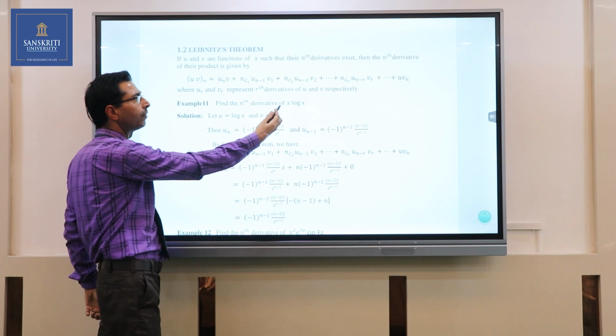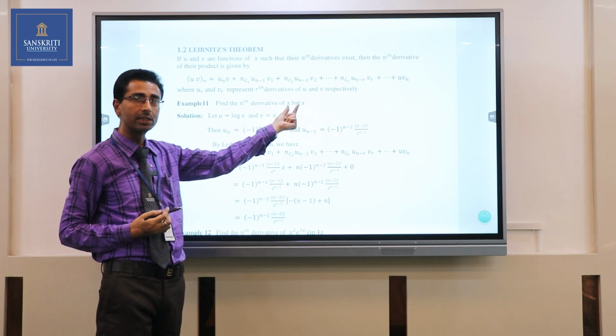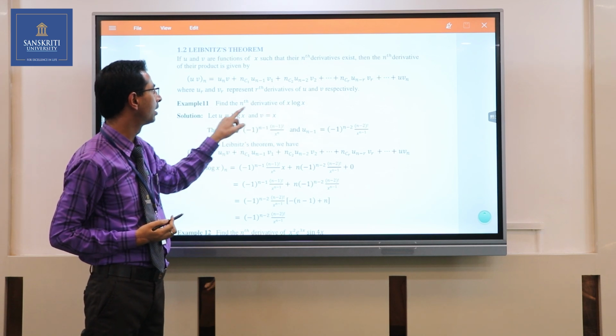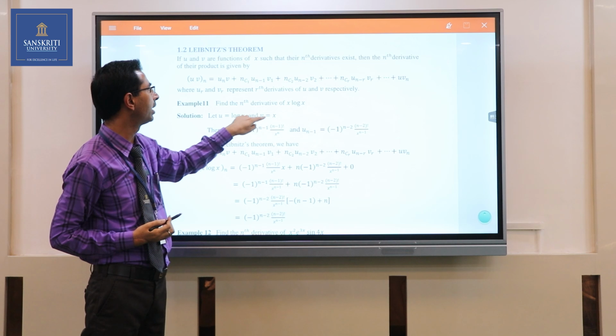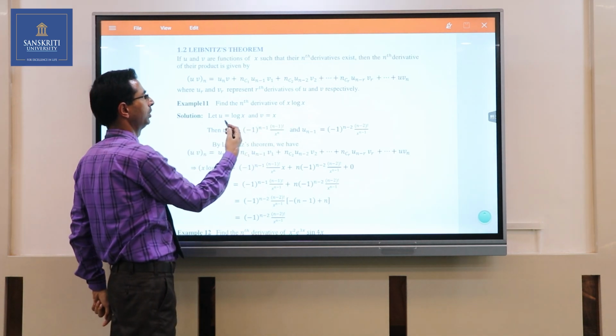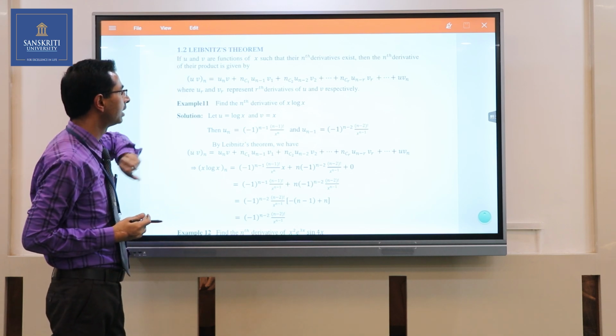Find the nth derivative of x log x. So this is our problem, x log x. Now we take log x as u and x as v. Now we put all these values in the Leibniz theorem, then we get the result.